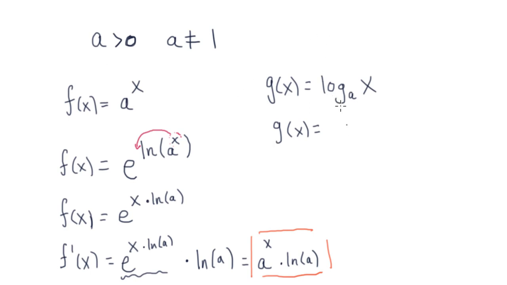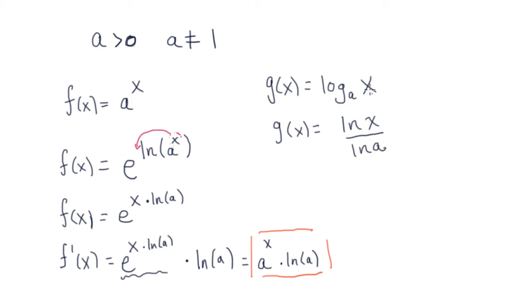So if I want to change to the natural logarithm, the way I think about it, if I want to change base, it's just log of the new base of what you're taking the logarithm of divided by log of the new base of the old base. So this ends up being natural log of x over natural log of a. Okay?